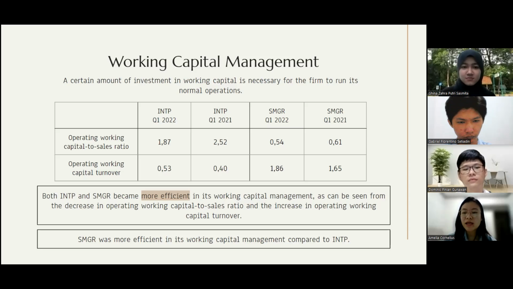Operating working capital turnover indicates how many rupiah of revenue a firm is able to generate for each rupiah invested in its operating working capital. So, SMGR was more efficient in its working capital management compared to INTP.